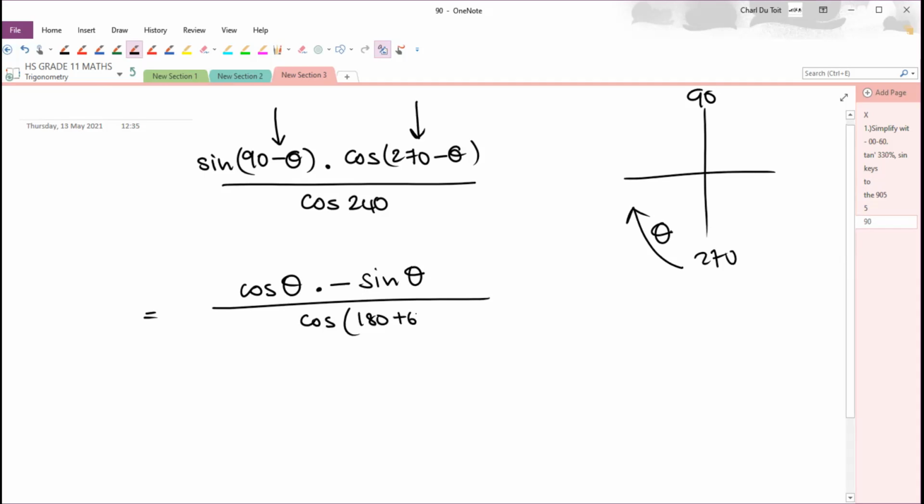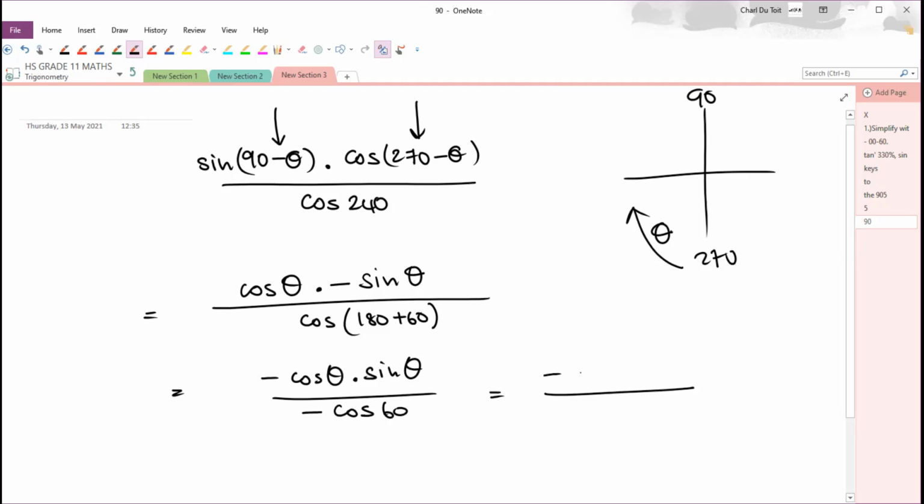180 plus 60. So on top, I have negative cos theta times sin theta. And at the bottom, I have the third quadrant, which is negative cos 60. So negative cos theta times sin theta over negative cos 60, which is a half.